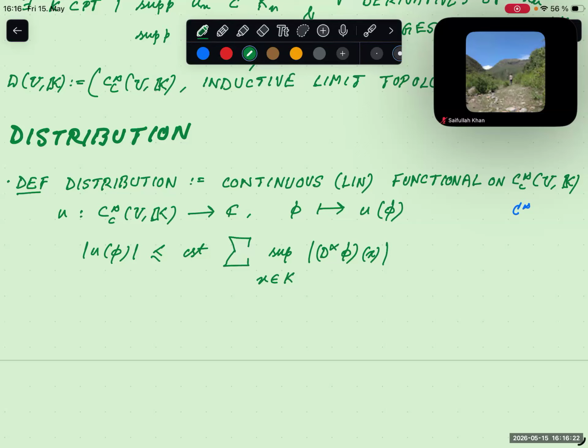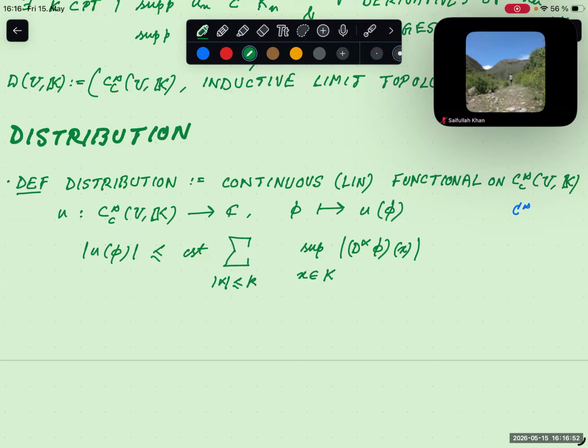And now we have alpha. How far do we go? I should write very carefully now. So alpha is less than or equal to small k, and here x belongs to compact K as before.